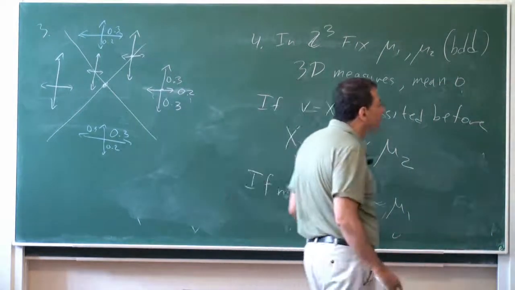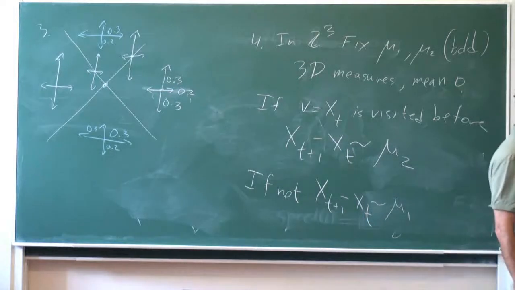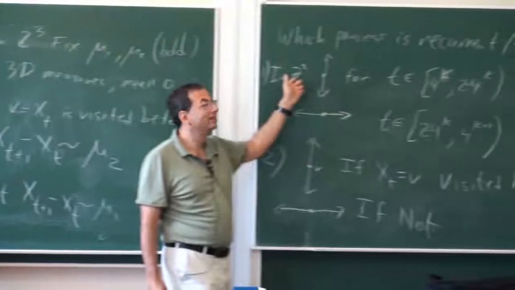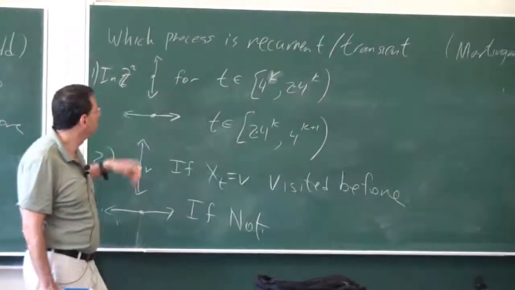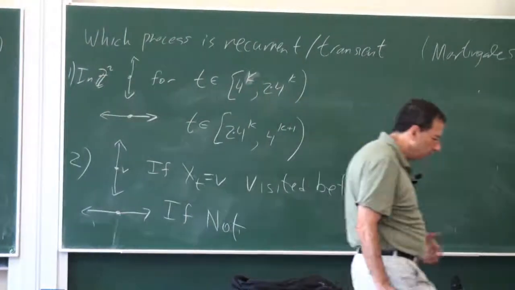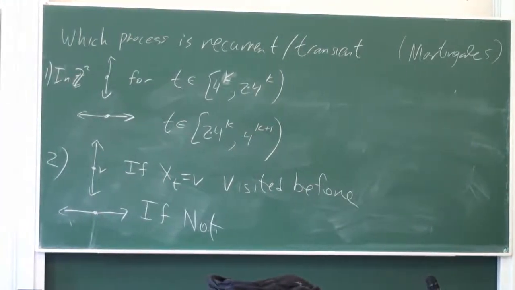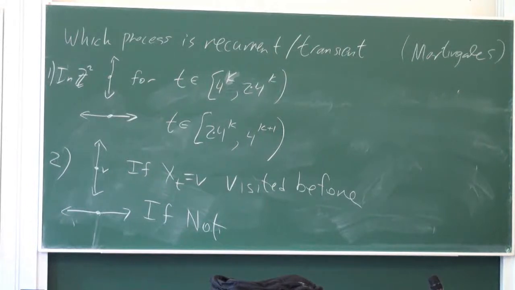So, example 1, recurrent or transient? Okay, who? Well, here there's no third option really, because well, maybe undecidable.